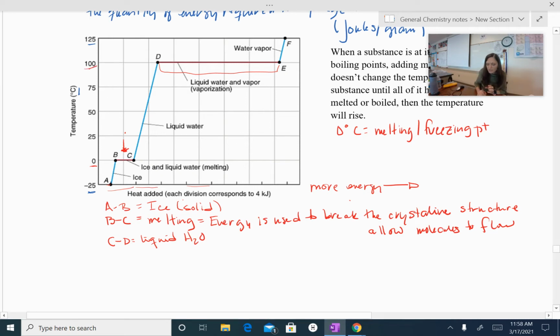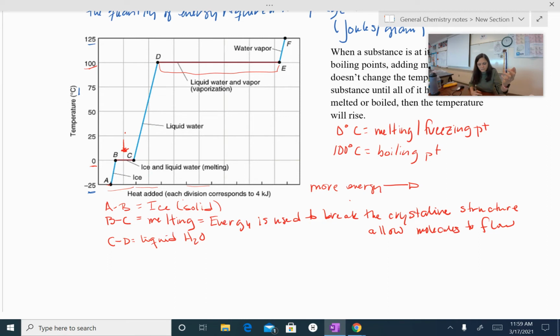What happens to water at 100 degrees? At 100 degrees, isn't this our boiling point? So what happens when something boils? We have liquid going to gas or vapor. We have vaporization. What does it take to vaporize? Those molecules have to break all those individual intermolecular forces of all the neighboring molecules so that they can escape. That's a lot of energy.